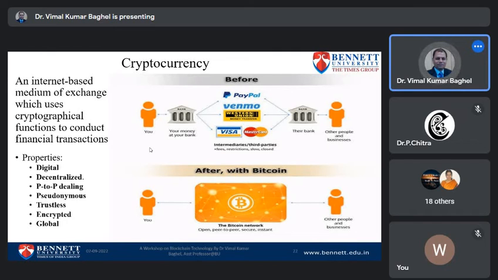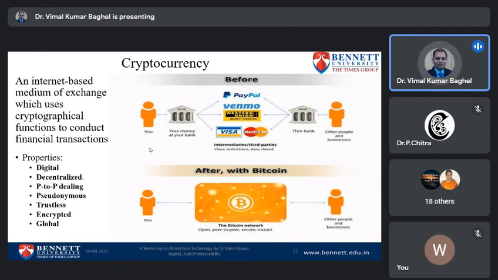So there is a greater change: an elimination of all these third parties or middlemen like Visa, MasterCard, PayPal. All of these are eliminated, and directly the peers or customers are doing the transactions between them over a peer-to-peer, open, secure, and very efficient network.